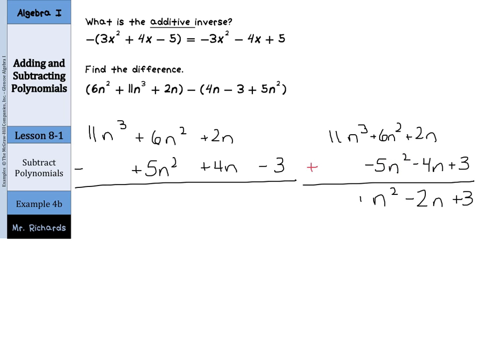And then I have the 11n to the third. And that's the answer. So make sure we write it in standard form with our first polynomial, and then line up your degrees, and sometimes you won't have any matching. Then we use the additive inverse, took the inverses, and then simply added.